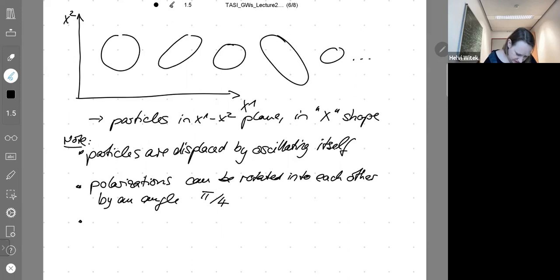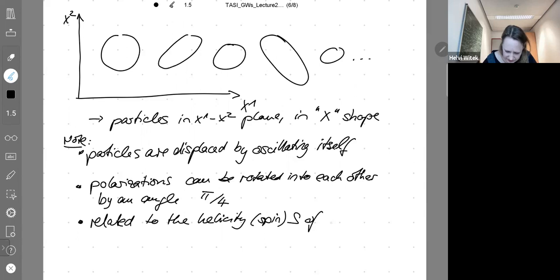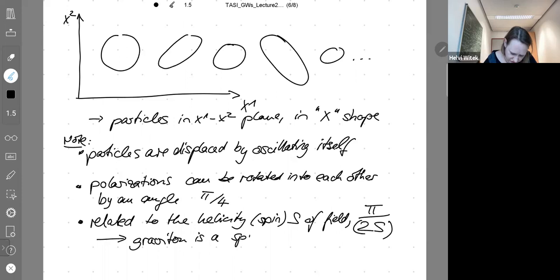And then the last note that I wanted to make here is that this can be related to the helicity or spin of our field, if we were to think about our gravitational waves as gravitons. So the helicity would be determined by pi/2s, which implies that the graviton is a spin-2 field.